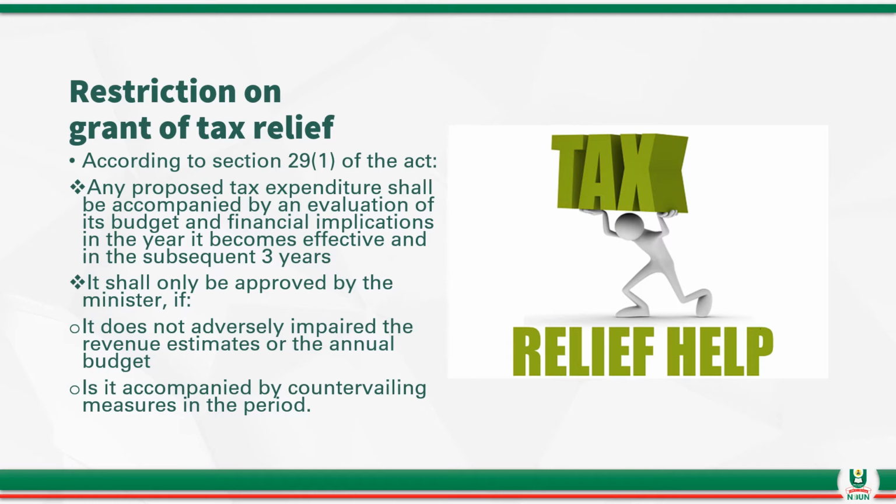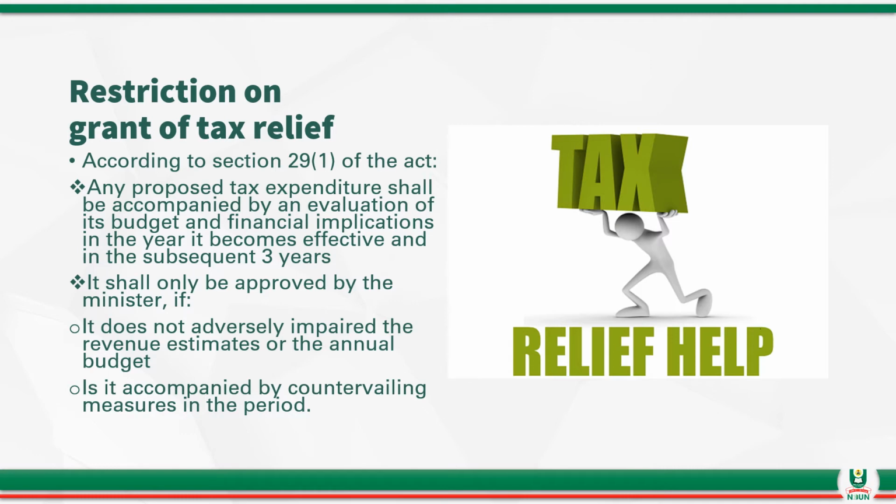And this is contained in section 29, subsection 1 of the Fiscal Responsibility Act of 2007. And it says that any proposed tax expenditure, here tax expenditure means tax relief, shall be accompanied by an evaluation of its budget and financial implications in the year it is to become effective and in the subsequent 3 years, which is the medium term.